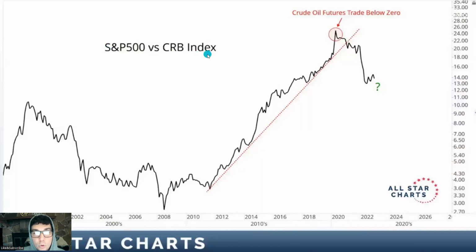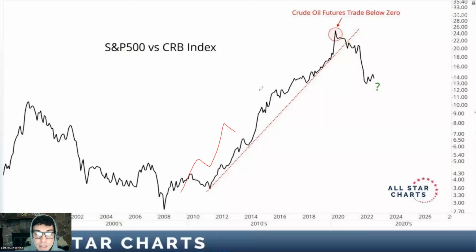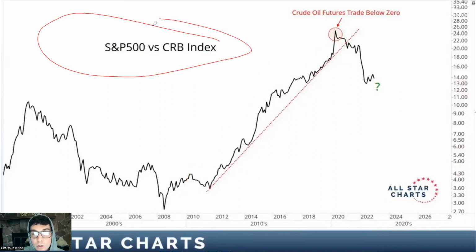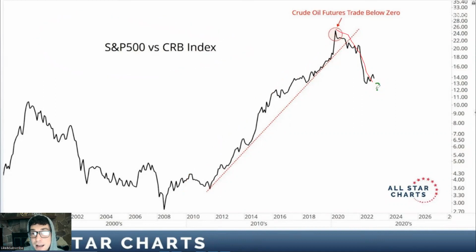We have crude oil right here. And so this shows you, basically when this is going up, that means that the S&P is outperforming the crude oil index. Or when it's going down, this means that the S&P is underperforming. Now, does this look like something that you want to be investing in right now, the S&P versus crude oil, right? It's looking bad.